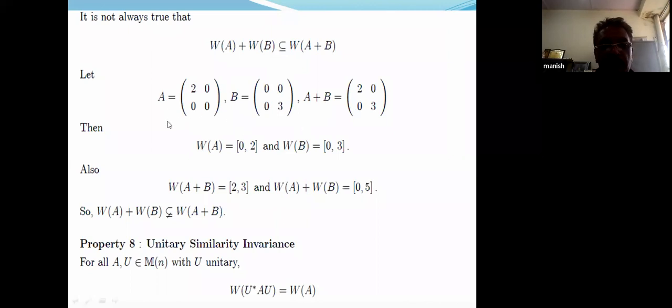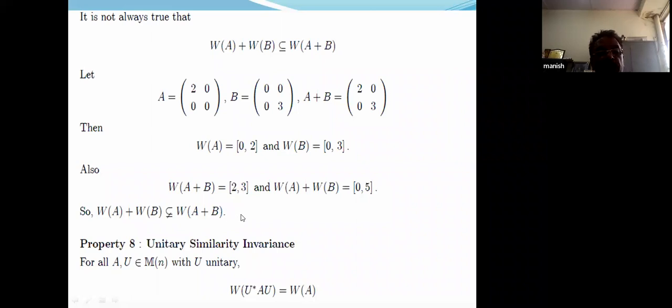We will discuss later, and also in tutorial classes, that the numerical range of this diagonal matrix A is the interval 0 to 2, and for B this interval 0 to 3, while for A plus B it is the interval 2 to 3. So W of A plus W of B is 0 to 5. Clearly W of A plus W of B is not contained in W of A plus B.